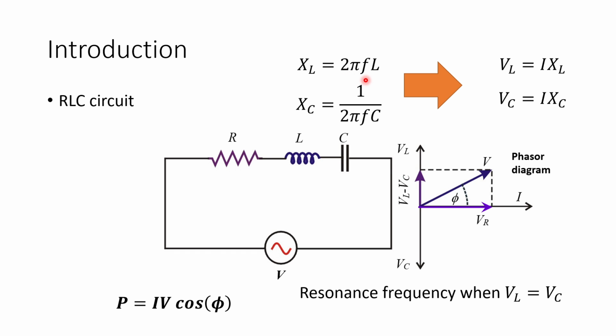When XL and XC are the same, you could calculate what is the frequency that gives you that number. By equating these two numbers, you would get the relation that F resonance is 1 divided by 2 pi square root LC. This is only dependent on L and C based on your setup.